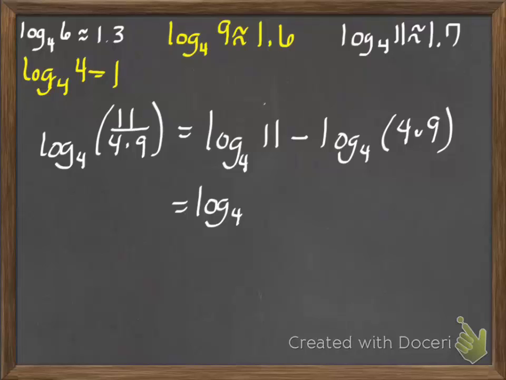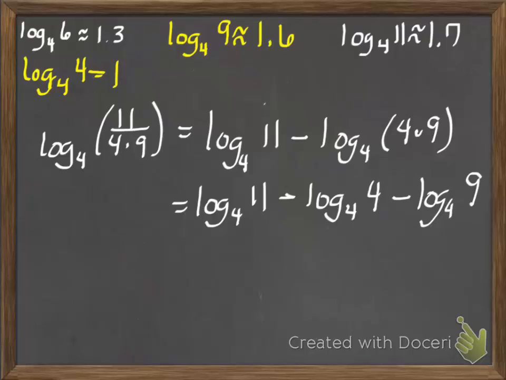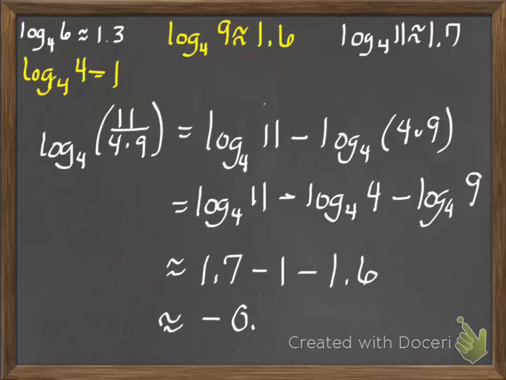Log base 4 of 11 minus log base 4 of 4 minus, because it's in the denominator, everything in the denominator is going to have a minus sign in front of it, log base 4 of 9. And plugging everything in, we're going to approximate 1.7 minus 1 minus 1.6. And that gives us approximately negative 0.9. So that's where two ways of thinking about the same problem will get to the same answer.